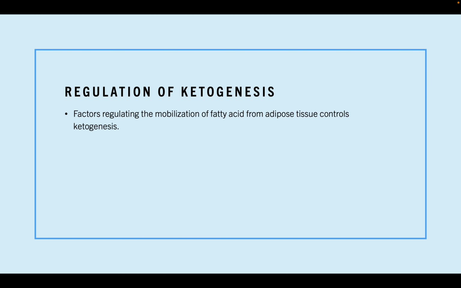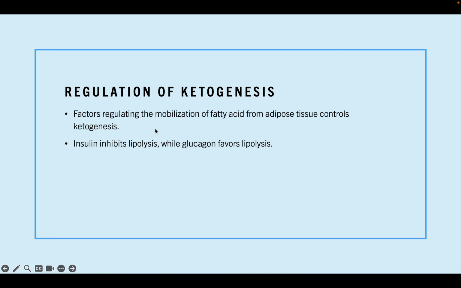And then, what factors regulate ketogenesis? As I have talked about, the source of ketone bodies is the fatty acids. So it depends on the fatty acid mobilization from adipose tissue. Insulin, which is released when you are eating or when you have enough energy available, inhibits lipolysis, because lipolysis gets activated only when you are in starvation condition or you need energy.